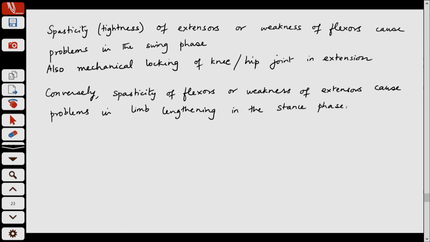So, the limb is too short for the stance phase. Again the other limb has trouble moving forward. Okay.